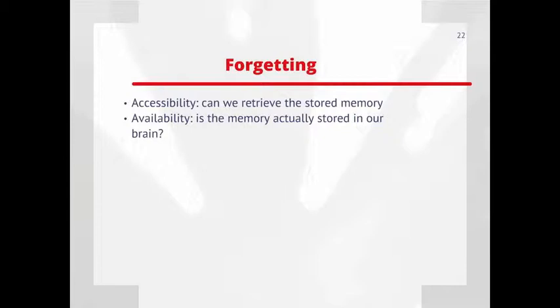So forgetting can be broken down into two different phases that happen. One is that you can have a problem of accessibility, meaning we may not be able to retrieve the stored memory at all. Even though it's still somewhere in our brain, we lack the retrieval cue to pick it up. And this happens a lot, especially in the example of the lady in red meeting a person she remembers from somewhere else.